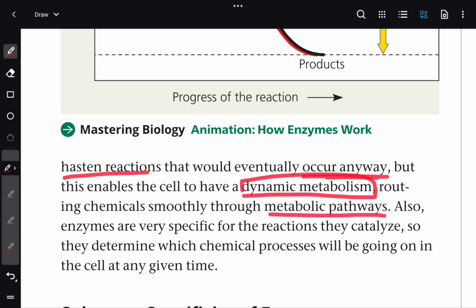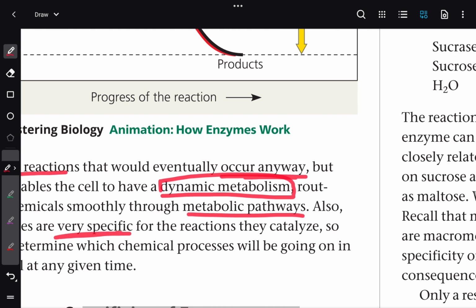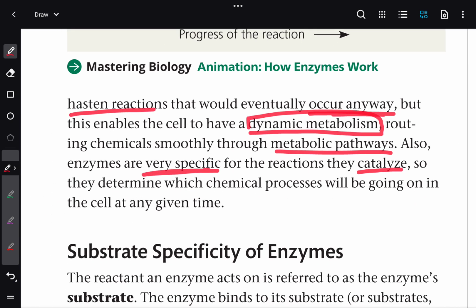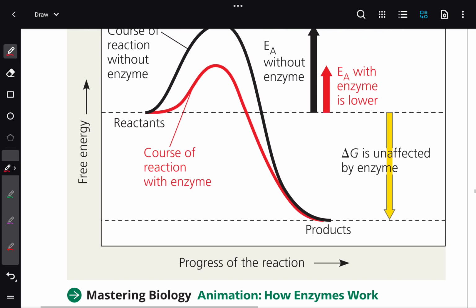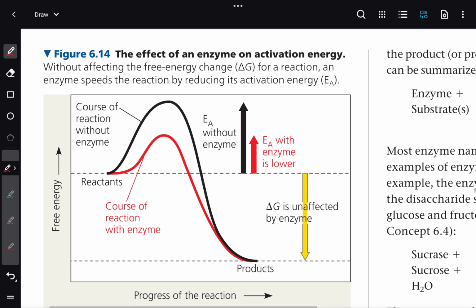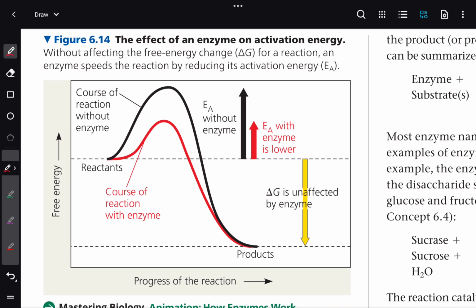Also, enzymes are very specific. They're very selective for the reactions they catalyze, so they can determine which chemical processes will be going on in the cell at any given time. Now, the effect of an enzyme on activation energy.